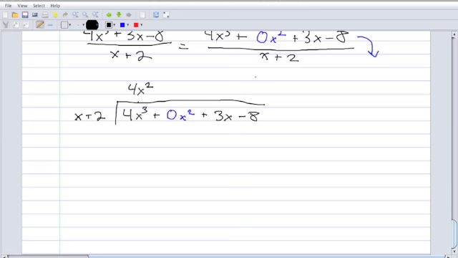Now I want to distribute this 4x squared into each of these. So 4x squared times x is 4x cubed. 4x squared times 2 is a plus 8x squared. Okay. Again, subtract the two lines, with your parentheses.